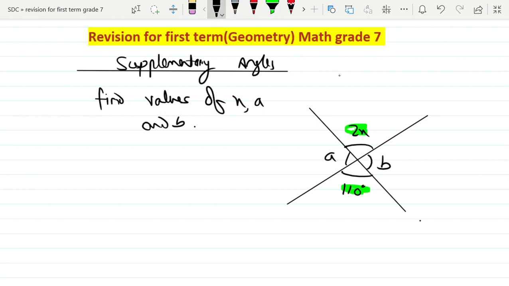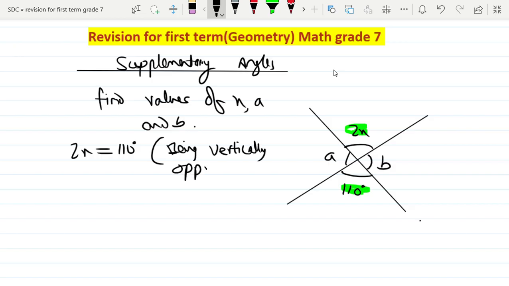So 2x equal to 110 degree, by giving the reason being vertically opposite angles. So x equal to 110 by 2, so you get x equal to 55 degree. And once you get the value of x, now you can find a and b, right?